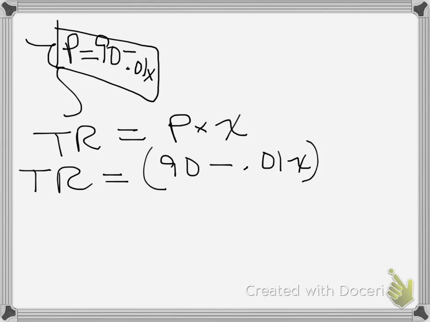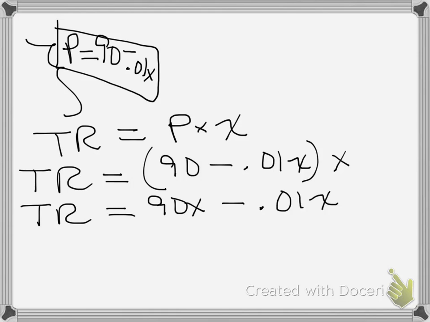The whole thing, that's all price, times x. So total revenue distributing equals 90x minus 0.01x squared. All right, so that's a quadratic formula. This is a quadratic formula that represents the revenue function.